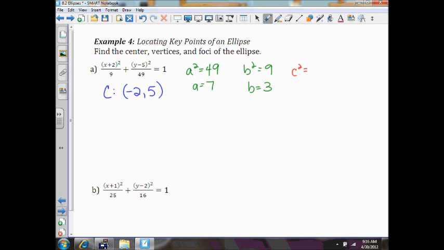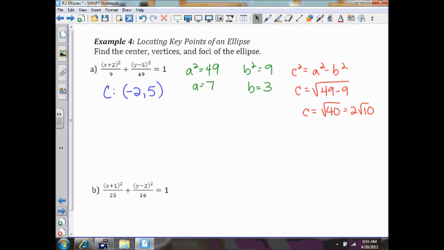C squared is a squared minus b squared. That means c will be the square root of 49 minus 9, which means c will be the square root of 40, or 2 square root of 10. So now we found our a, b, and c with our center.